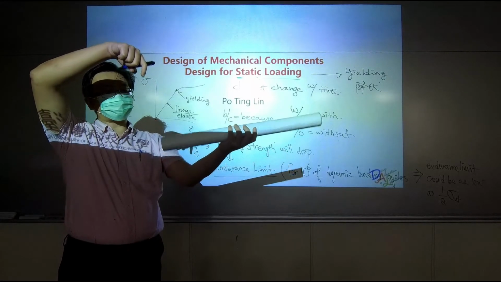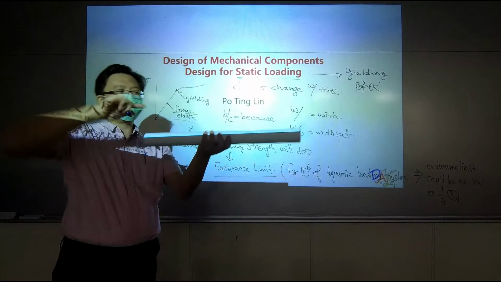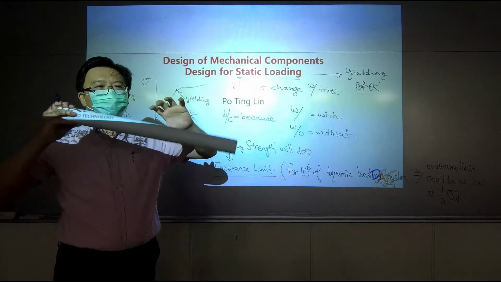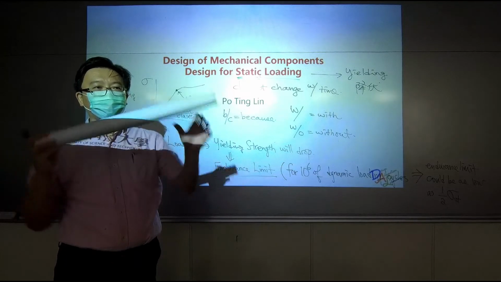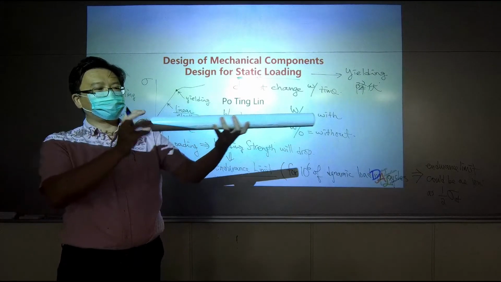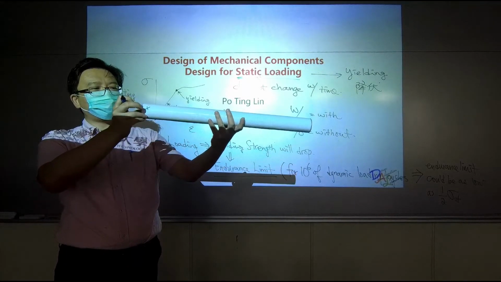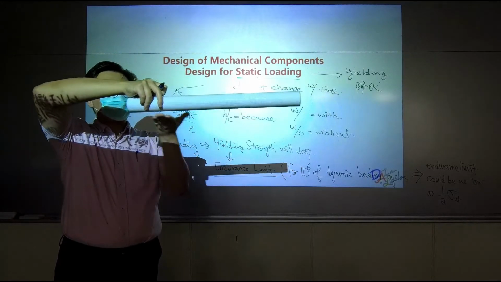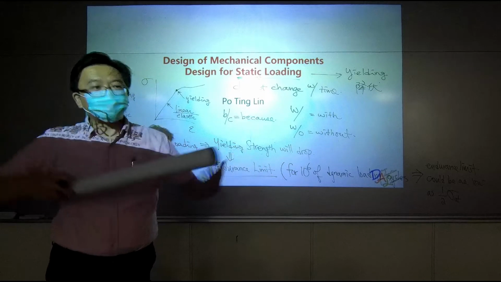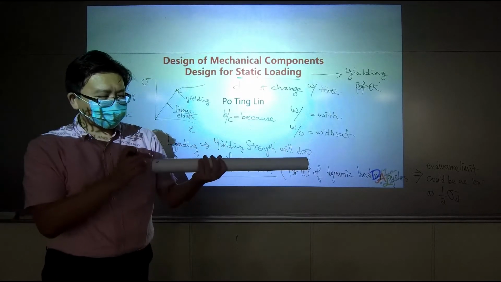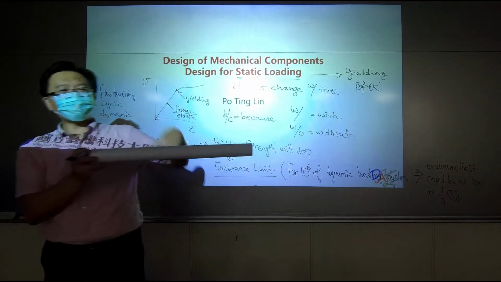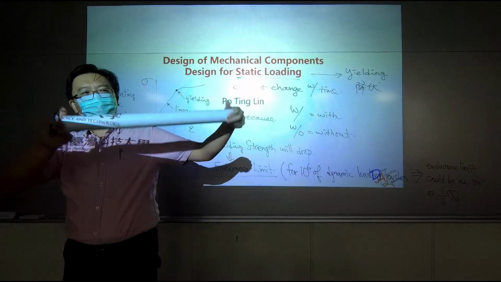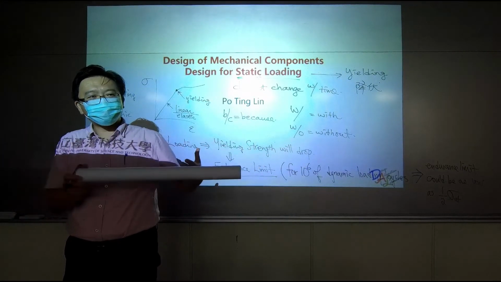When the cross was on the top, the top side of the cylinder is under tensile strength. Tensile, right? Pulling. But when this rotates to the bottom, the bottom side is under compression. So think about the cross. When it's on the top, it's being pulled. When it rotates to the bottom, it's being compressed.